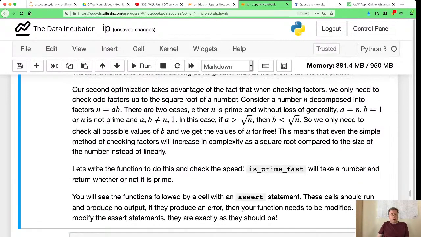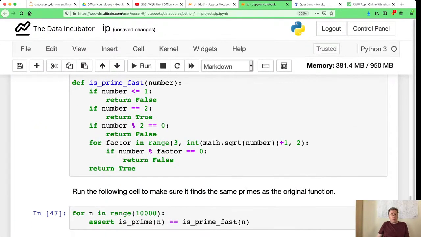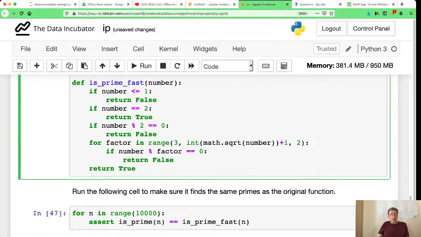So this is why we can start at 3, because we've handled all the even numbers before this point. I don't have to bother checking the even numbers now. I've taken care of all of the even numbers before this. Namely, if it's 2, this is a prime number.